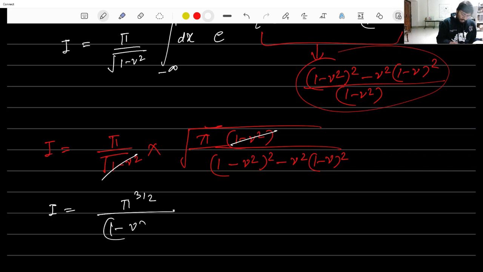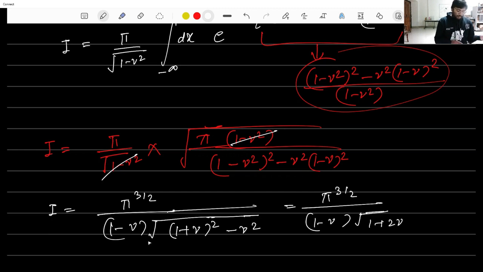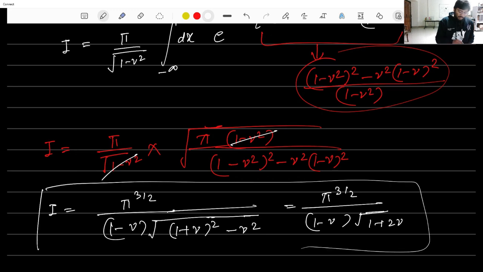So inside we are remaining with a term 1 plus nu square whole square and minus nu square, correct. So this will give you pi to the power 3 by 2 1 minus nu under root 1 plus 2 nu. So you see here, this is the value of the 3-dimensional Gaussian integral.